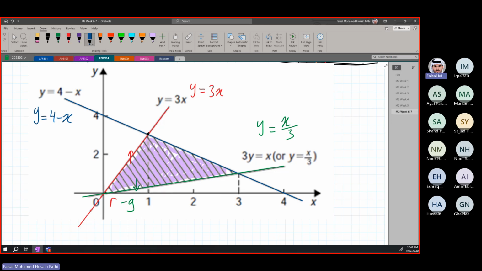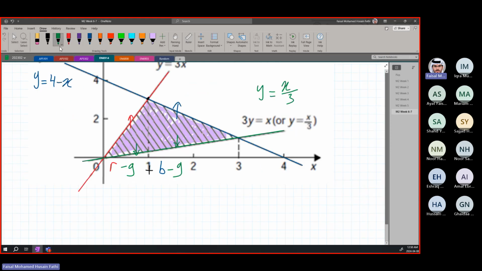But after 1, red is no longer at the top, blue is at the top, but green is still at the bottom. Okay? So you will write here red minus green plus blue minus green. All right, this is how you will break it up.